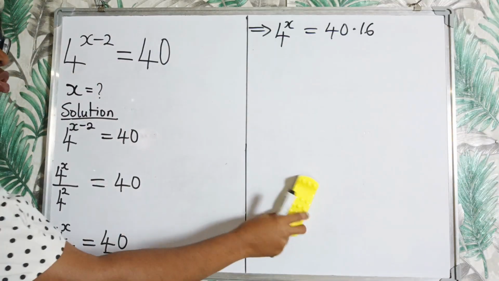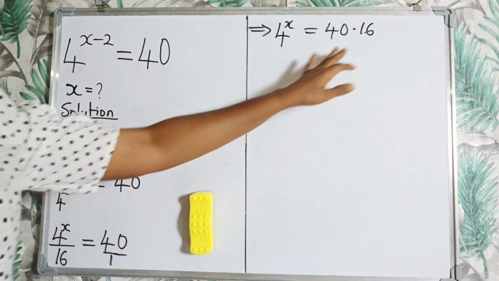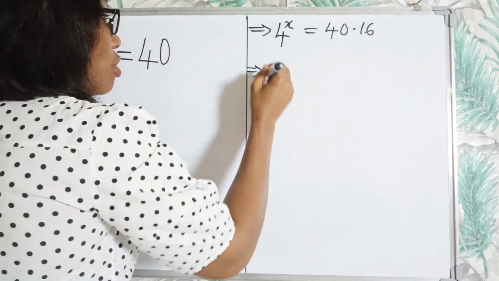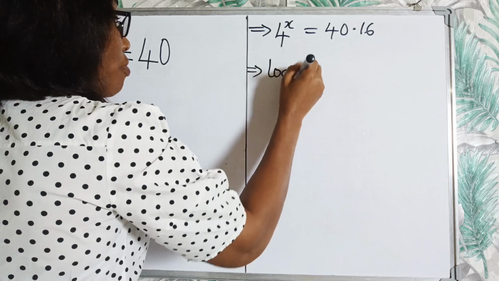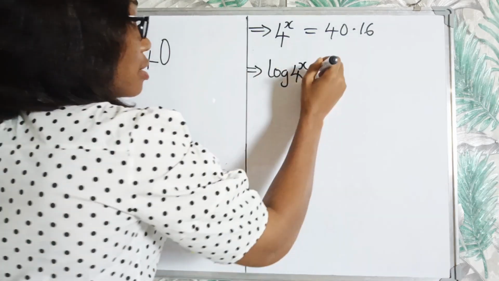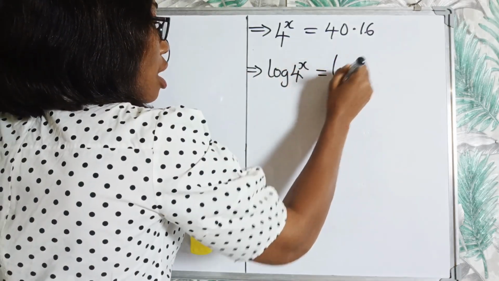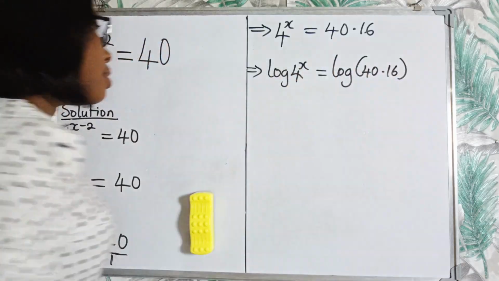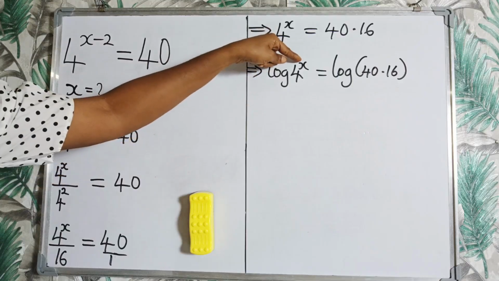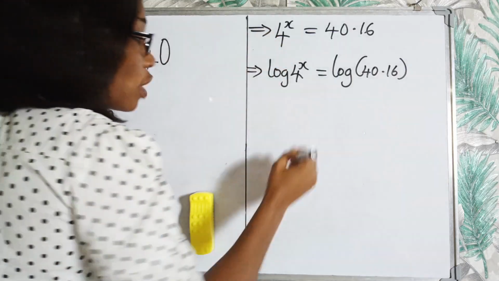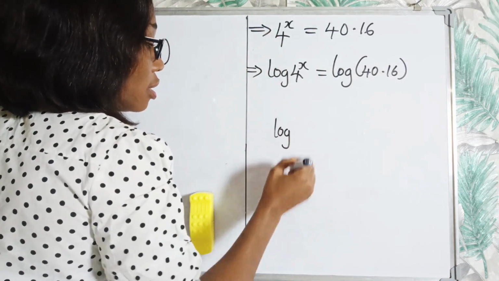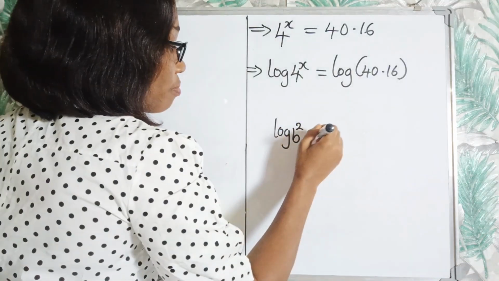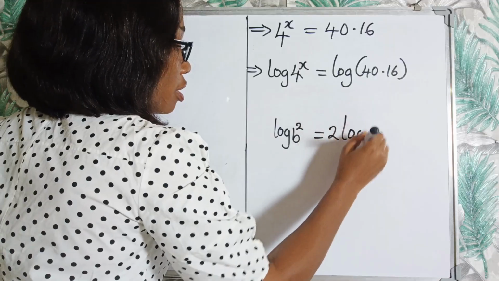Now, the next thing to do is to take the log of both sides. So we take the log of both sides. So we are going to have log 4 raised to power x is equal to log 40 times 16. Now, whenever we have an exponent in our log, for example, if we have log b to the power of 2, this is the same thing as 2 log b.